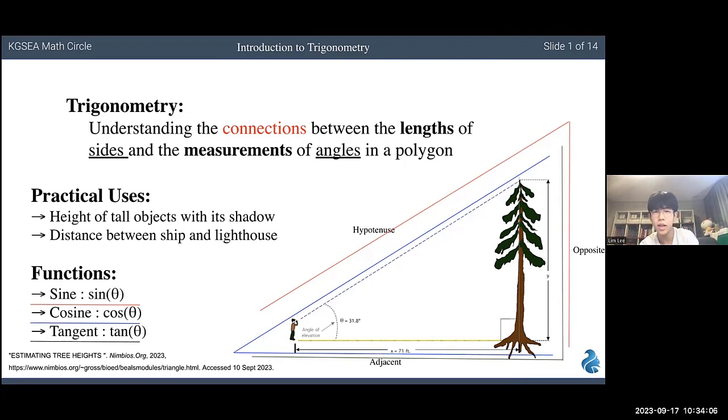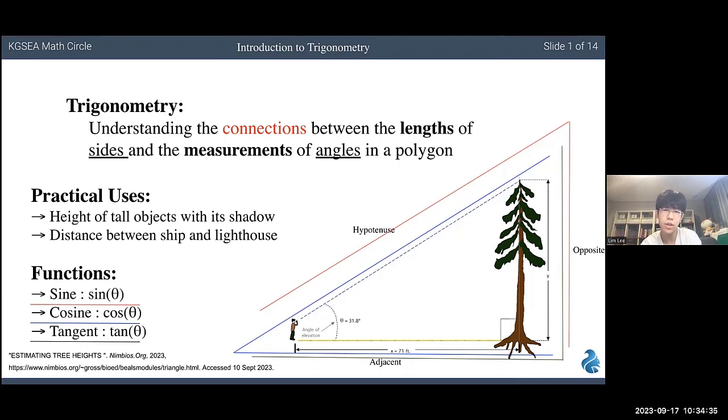In the accompanying diagram on the bottom right, the sine of angle theta, which is the angle of elevation, is defined as the ratio of the length of the side opposite the angle to the length of the hypotenuse, while cosine is defined as the ratio of the length of the side adjacent to the angle to the length of the hypotenuse. And finally, of course, tangent is defined as the ratio of the length of the side opposite to the angle to the length of the side adjacent to the angle.